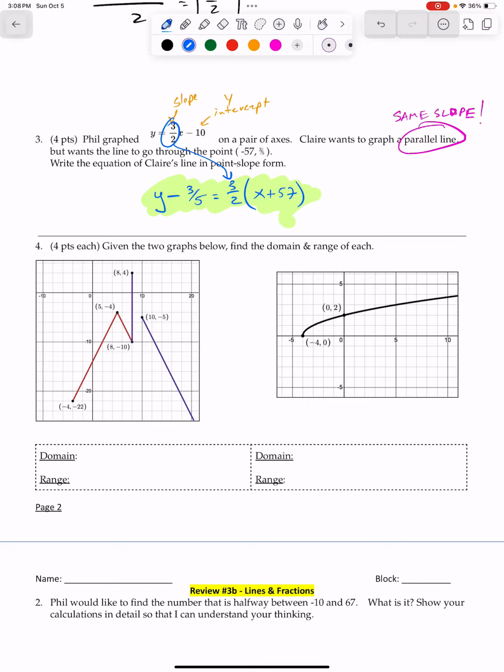Okay, given the two graphs below, find the domain and range of each. Well, the domain here is a bit on the tricky side. So I can see that my domain starts here and goes that way. I'm writing my domain on the x-axis.